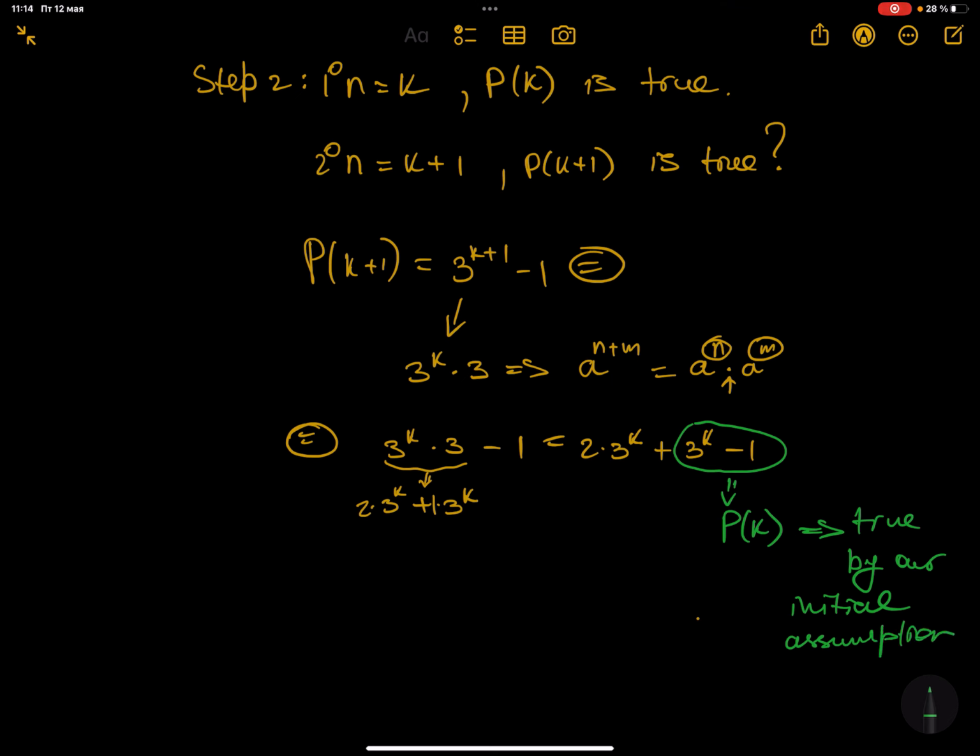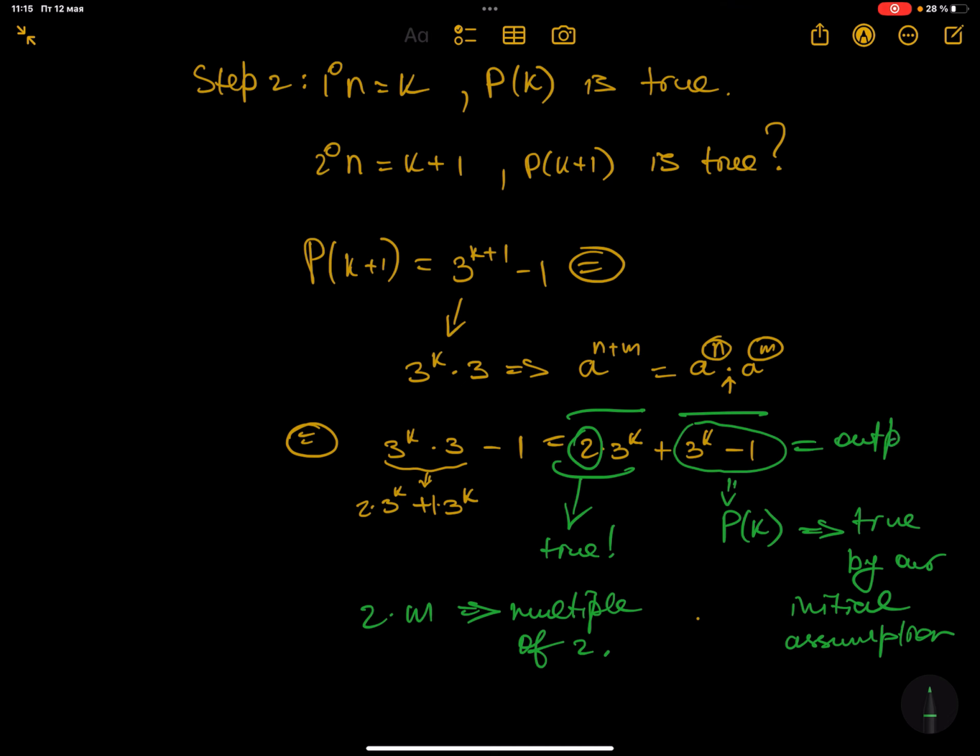Here we have 2, so this is also true. By true I mean it's a multiple of 2, because there is a 2. It doesn't matter, 2 multiplied by m is always a multiple of 2. So if this is a multiple of 2 and this is a multiple of 2, the sum is also a multiple of 2.